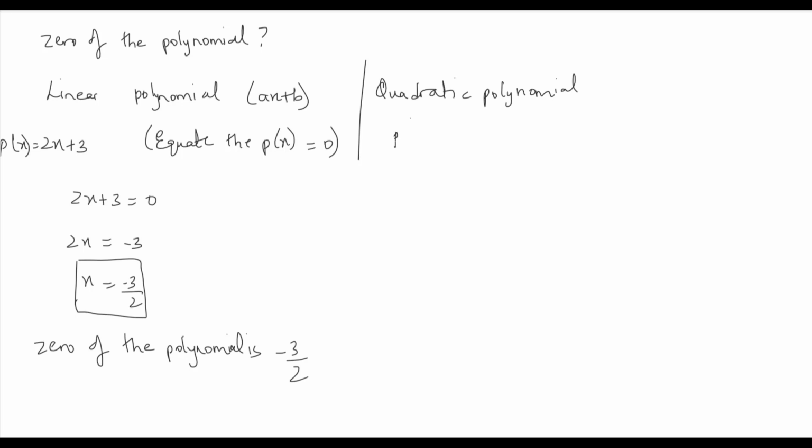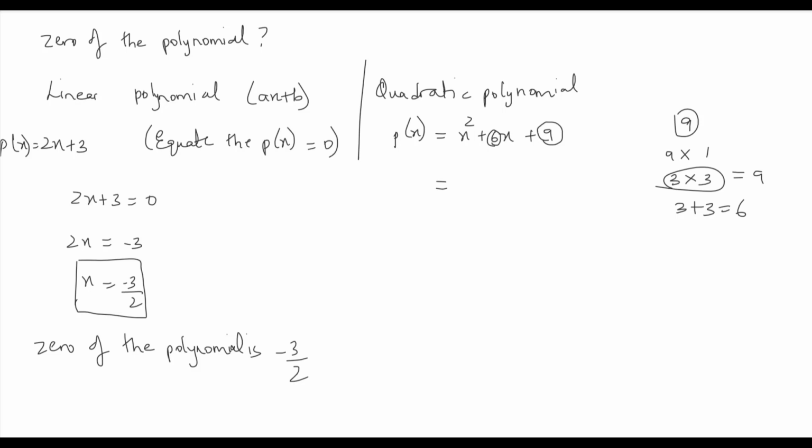Now let us consider a quadratic polynomial. p of x is equal to x square plus 6x plus 9. We have learned the splitting method. Consider the factors of the number 9: 9 into 1, 3 into 3. The factors 3 into 3 give us 9, and 3 plus 3 gives us the middle term.